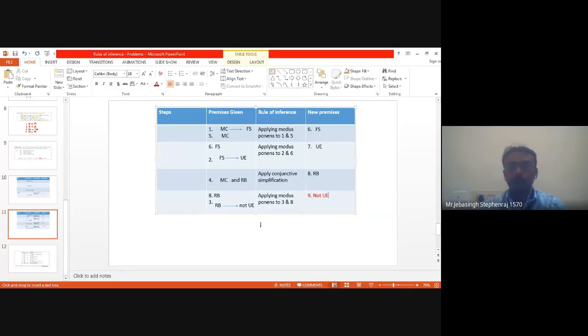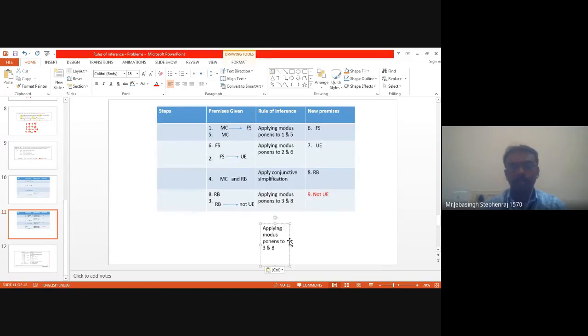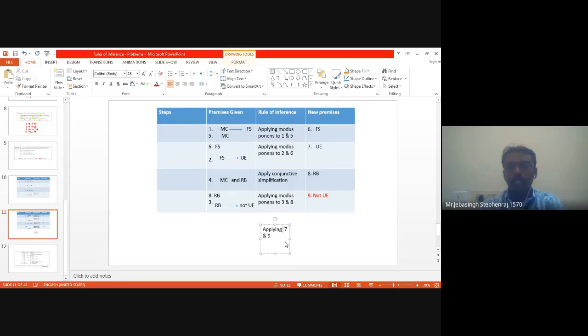Now I am going to combine 7 and 9. When you combine 7 and 9, you get a contradiction. What is the contradiction? Educated and uneducated. The rule I am applying here is conjunctive addition.